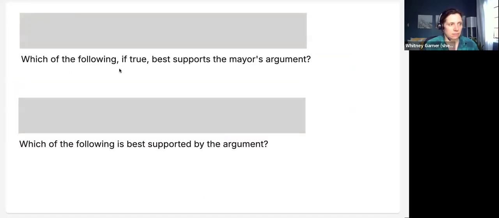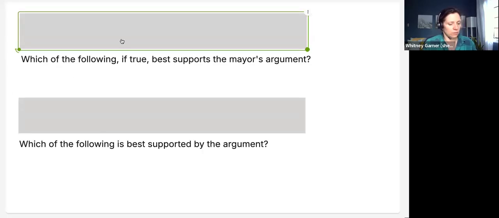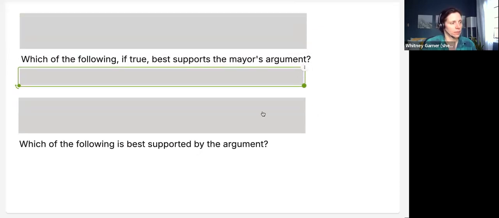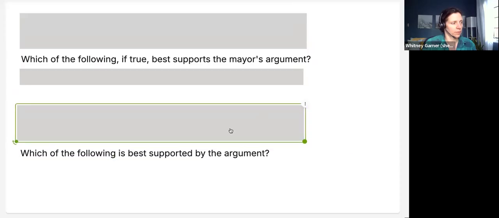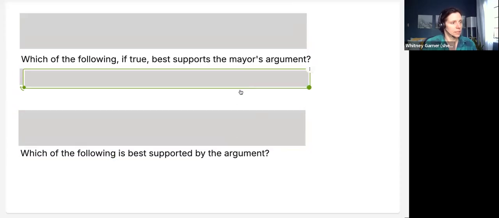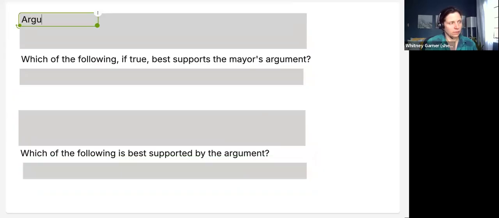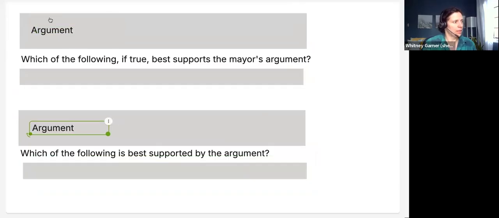In this first example, the direction of support is going to go, and I'll actually give you another one. I'll give the answer choices down here. Here's my other one down here. So if this is my argument, and then I have answers.